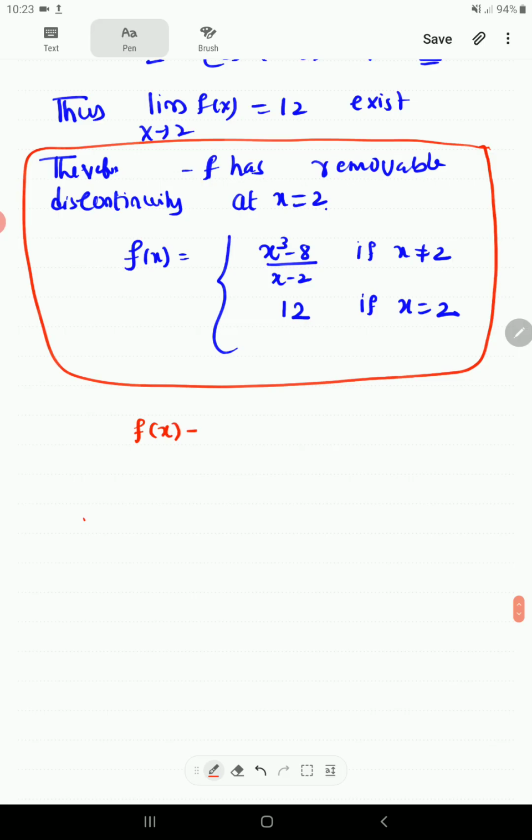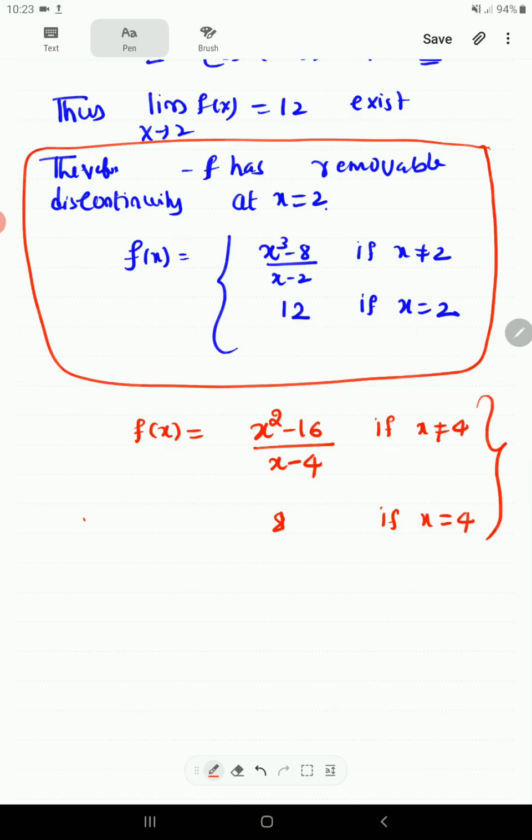If a function f of x is given as (x square minus 16) upon (x minus 4) if x is not equal to 4, and it is equal to 8 if x is equal to 4, please check whether it is continuous or not continuous.